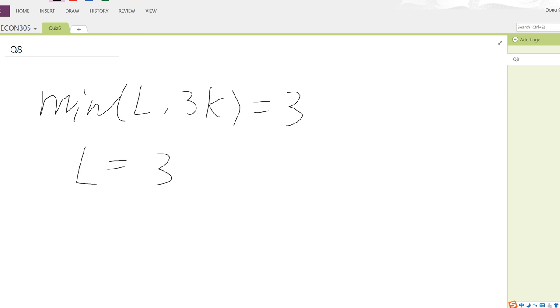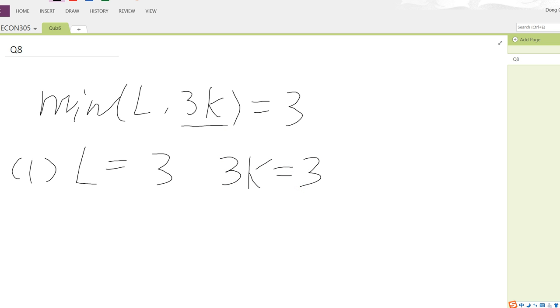So the first scenario is when L is the smaller number of the two, L equals 3. And we can make 3K also to be 3.